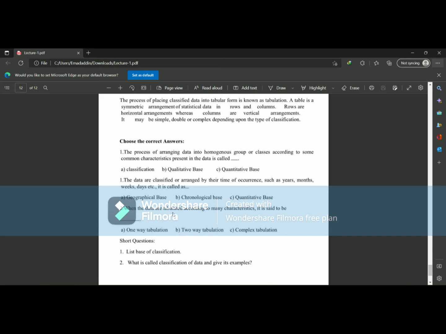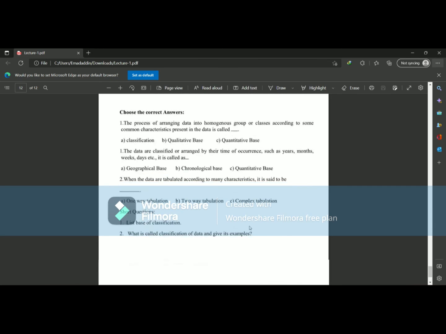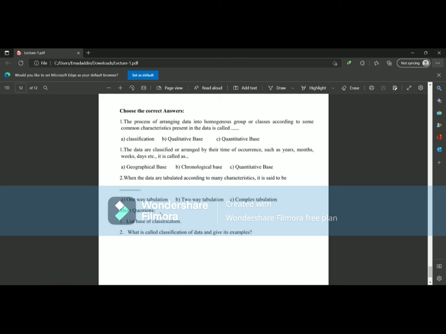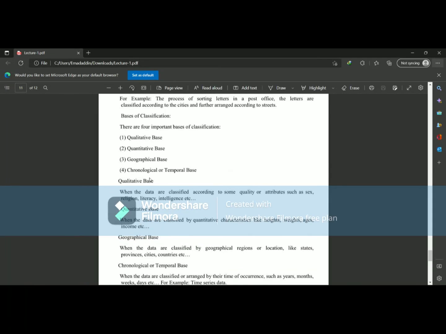When the data are tabulated according to many characteristics, it is said to be one-way tabulation, two-way tabulation, or complex tabulation: complex tabulation. List the bases of classification: qualitative base, quantitative base, geographical base, and chronological or temporal base.